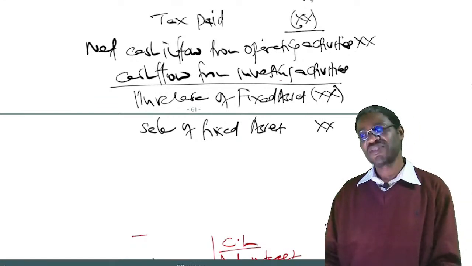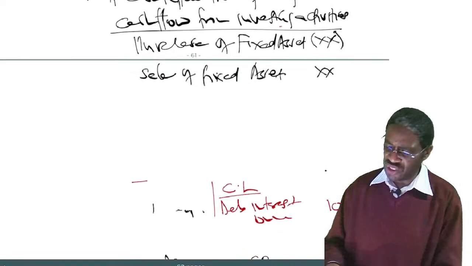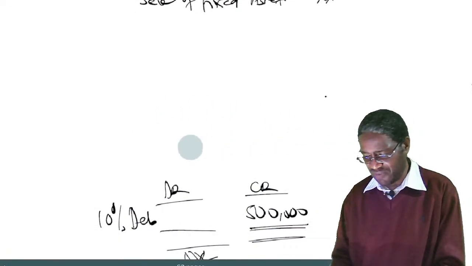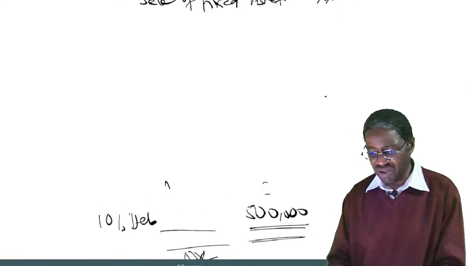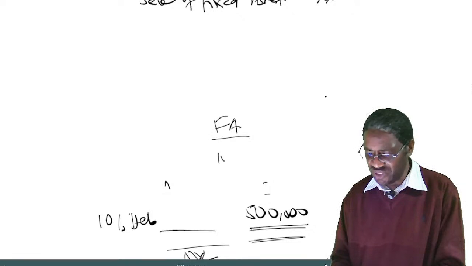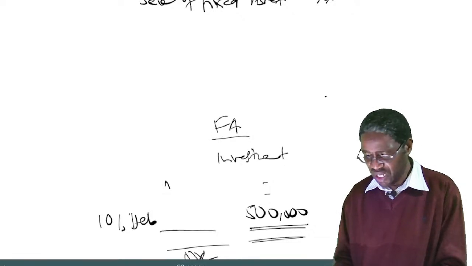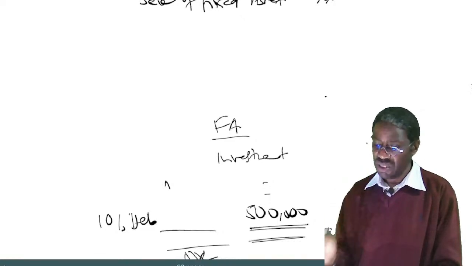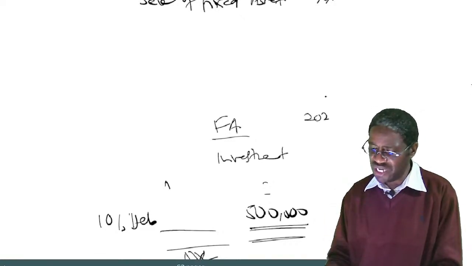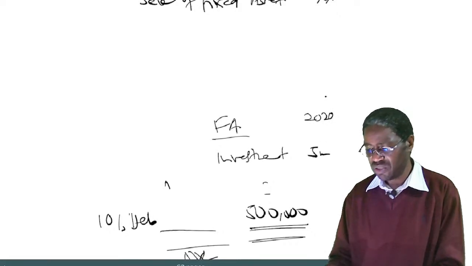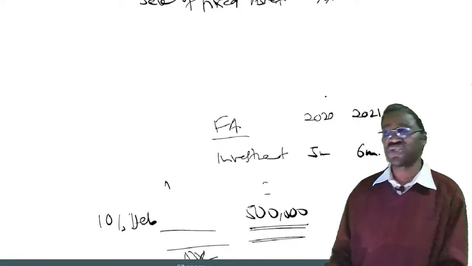Listen, sometimes you go to the balance sheet of the company and you find, listen carefully, that among the fixed assets there is investment. Maybe you are given from the balance sheet last year, 2020, the investment was 5 million. From the balance sheet this year, 2021, the investment is 6 million.